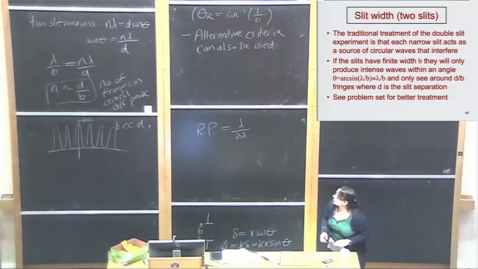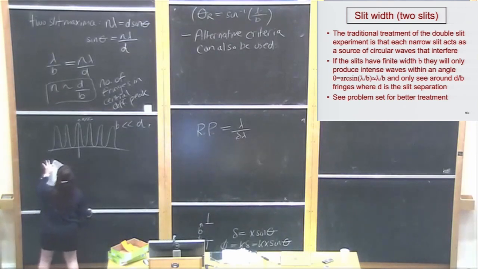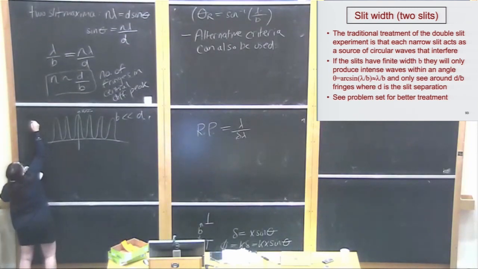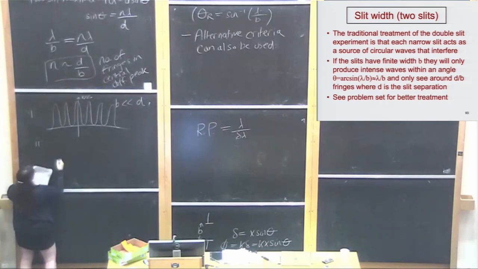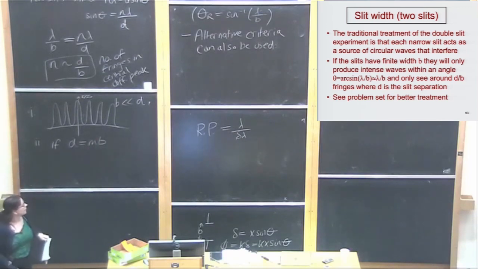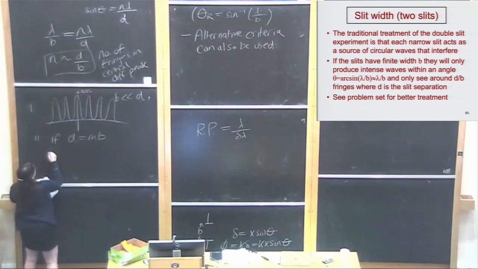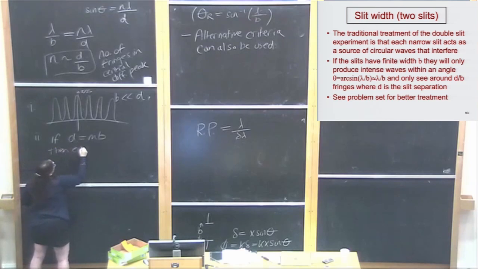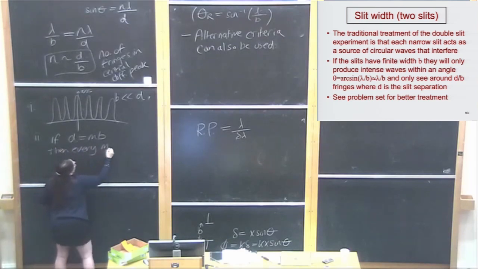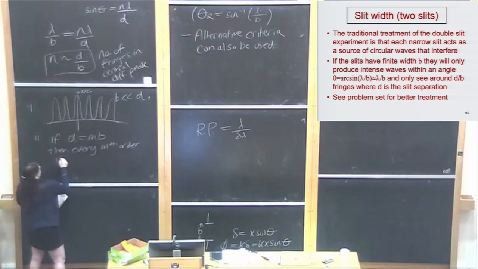And then another point of interest is that if, for example, so that was sort of number one point of interest, if d is some integer multiple of your slit width, then every nth order in your pattern is actually missing.